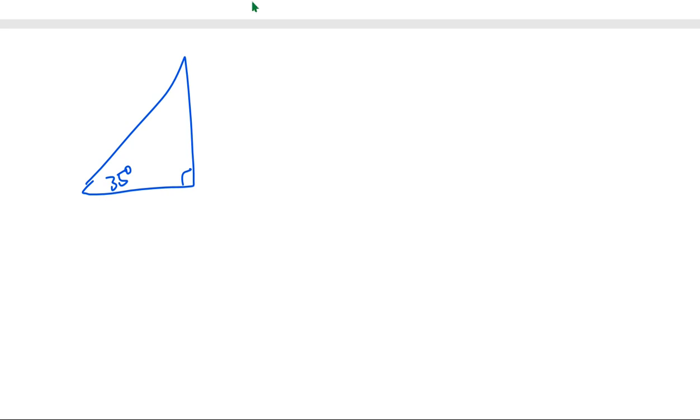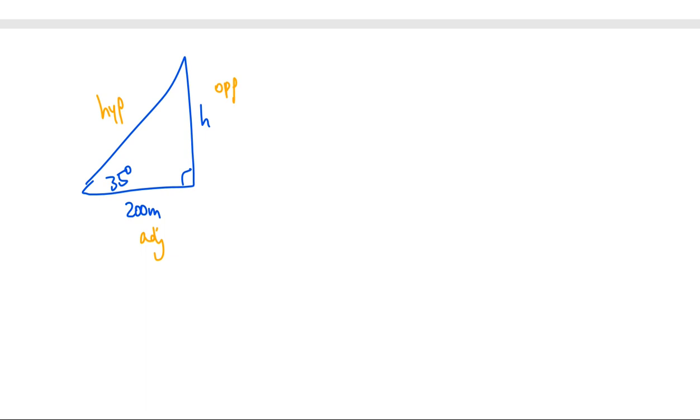So here's my CN tower, standing. I know I have 200 meters along the road, but I don't have this height. So what I can do is set up my trig ratio. This is the opposite to 35 degrees, this is the adjacent to 35 degrees, and this is the hypotenuse.